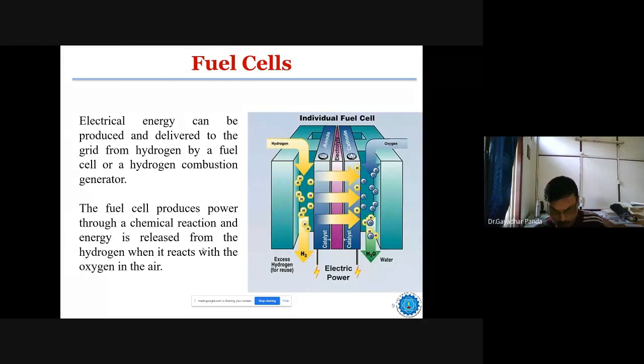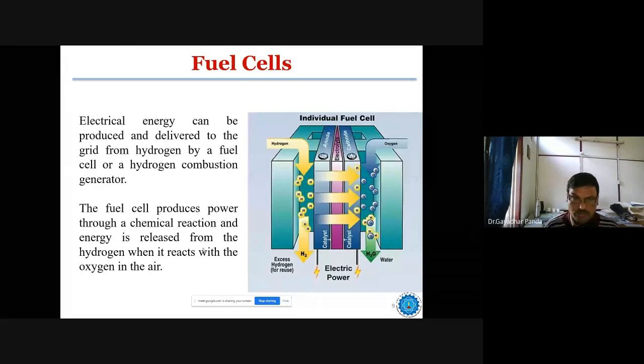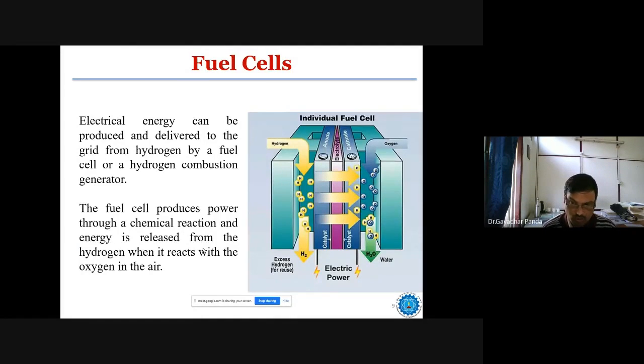Next, we will be coming to the fuel cells. Nowadays, we are also doing some laboratory scale research with the fuel cell, because this is more expensive at this moment. Maybe in future the cost will be reduced. We can think that this fuel cell will be using hydrogen to get the power.